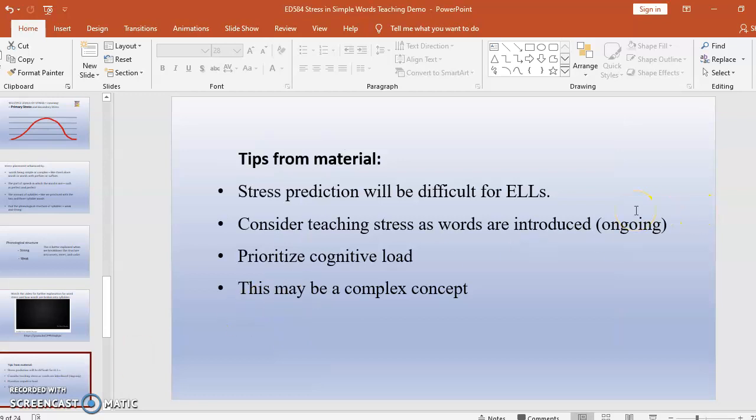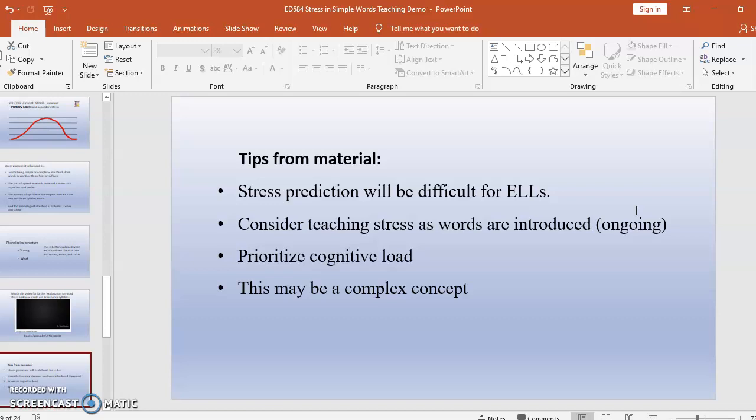Okay, tips from the material. Stress prediction would be difficult for our ELLs. So consider teaching stress as words are introduced. So it's ongoing. As they learn new words, that's when you introduce ways to say it. Prioritize the cognitive load for our ELLs, and this may be a complex concept.